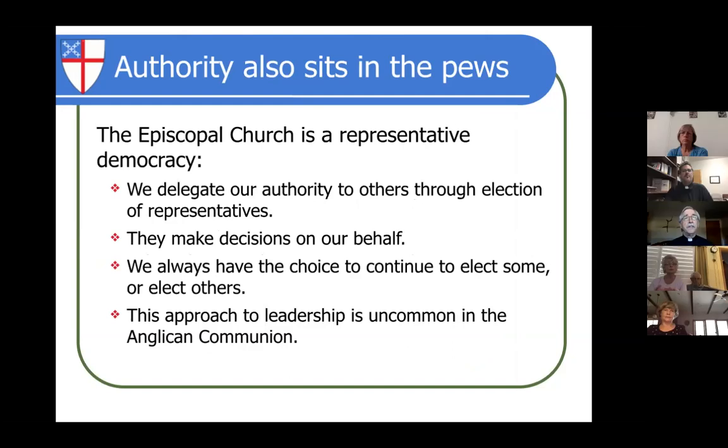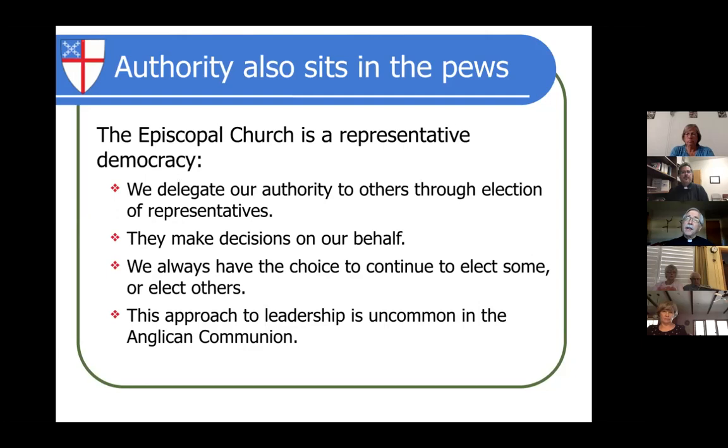At diocesan convention, we elect people who represent us at general convention. Those people who are elected make decisions on our behalf, just like when we elect somebody to the House of Representatives, we expect them to do that. We always have the choice to continue to elect them or to elect somebody else.